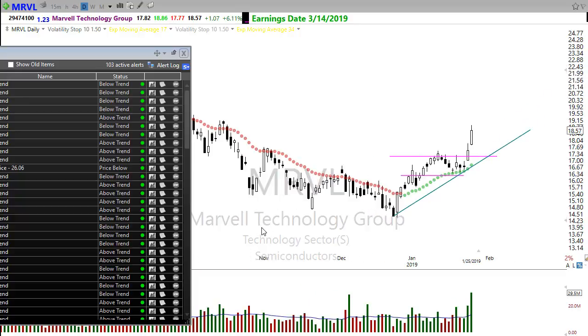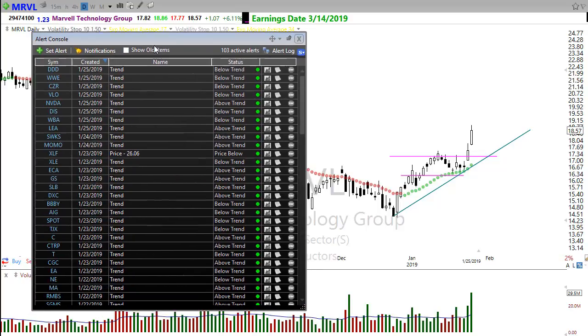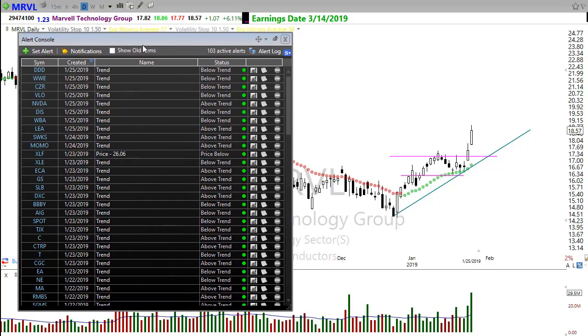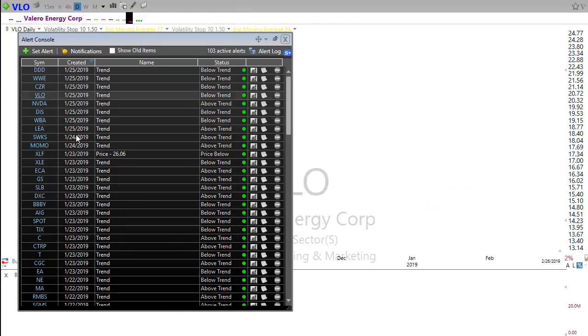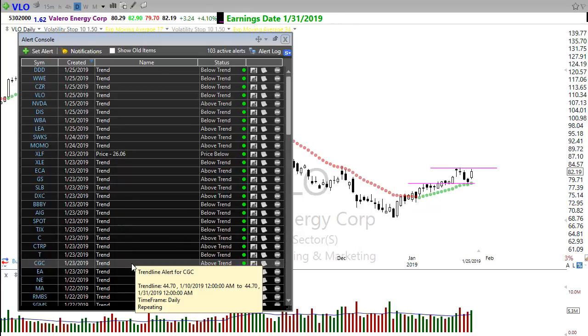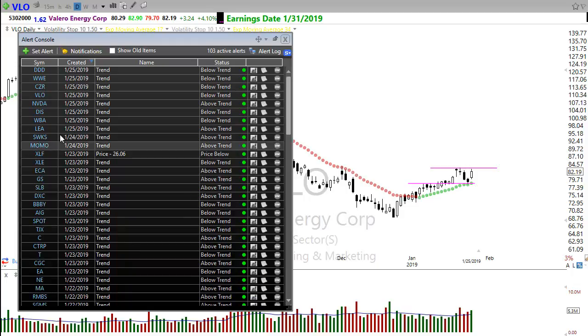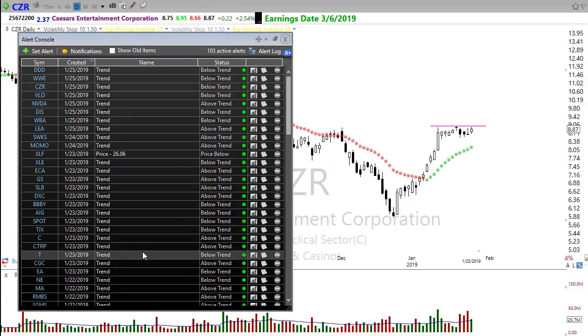So when you're looking at these trends and these setups, don't get yourself overly caught up in thinking I've got to hold, I've got to chase everything. You don't. There's more trades right in this list than I can possibly trade. There's no possible way I could trade all of these potential positions that are setting up here. Valero Energy, look at that thing. That's a beautiful chart. CZR.